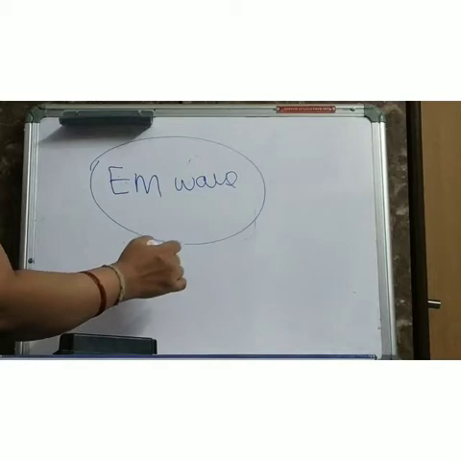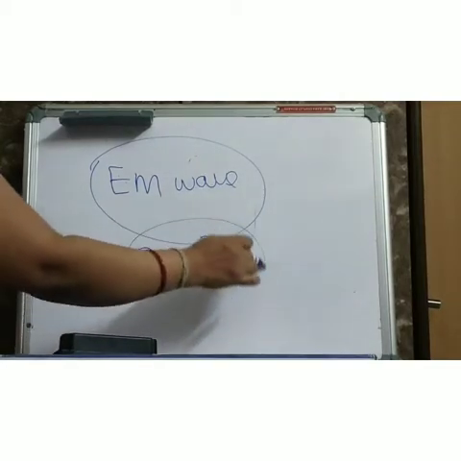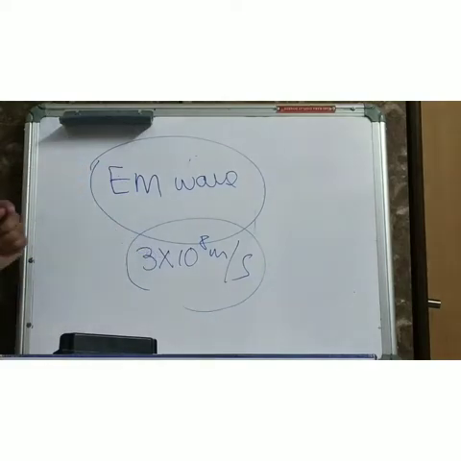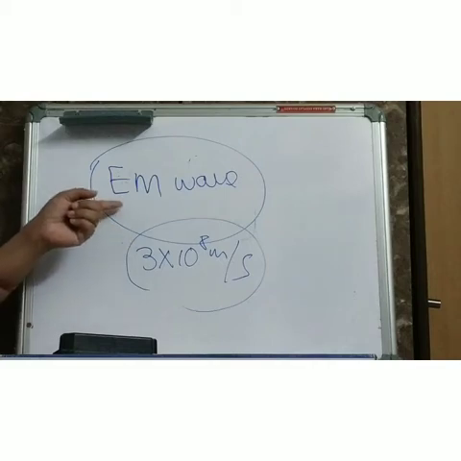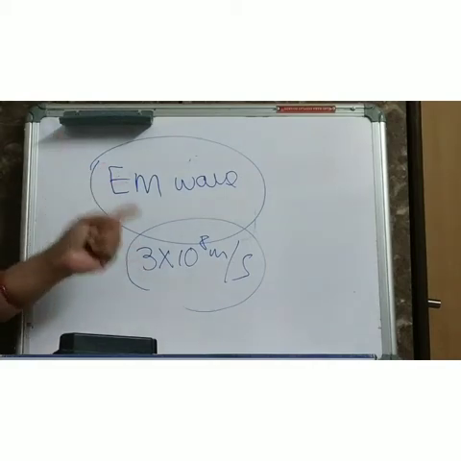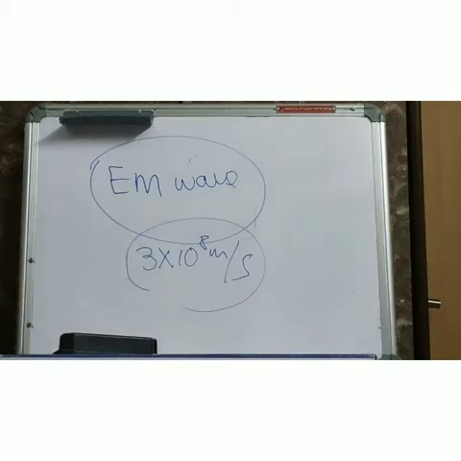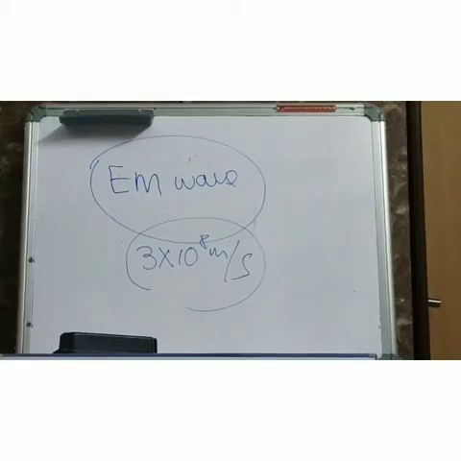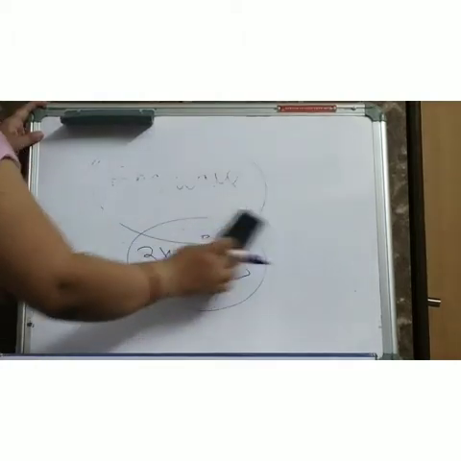That is 3 into 10 to the power 8 meter per second. This you know. Electromagnetic waves propagate with this speed. So speed of current is equal to the speed of propagation of electromagnetic waves. So when it is switched on, the bulb glows immediately.